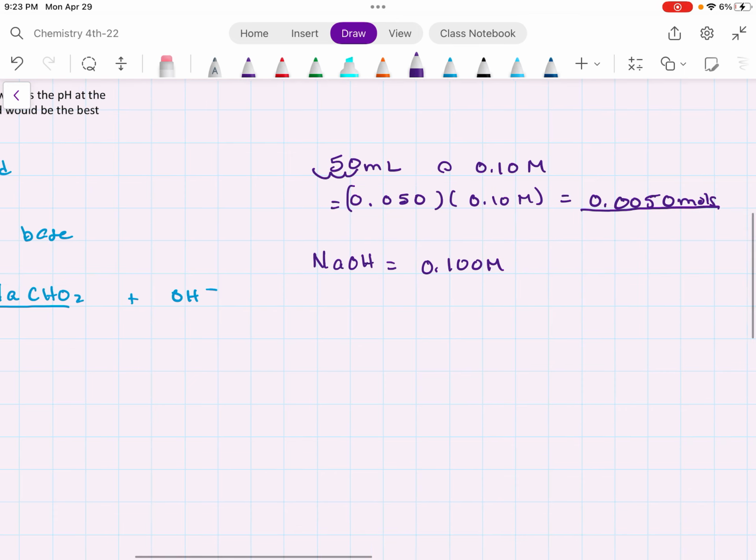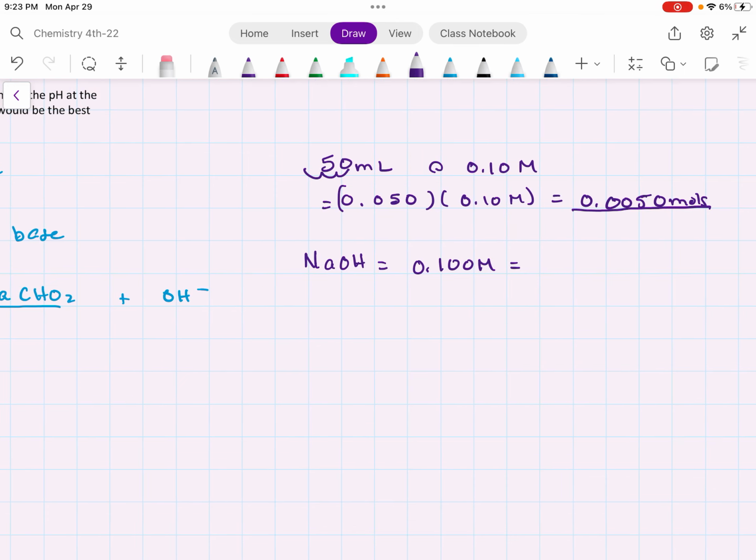What we need to do is figure out how many liters it takes to supply 0.005 moles of NaOH to add to the solution.